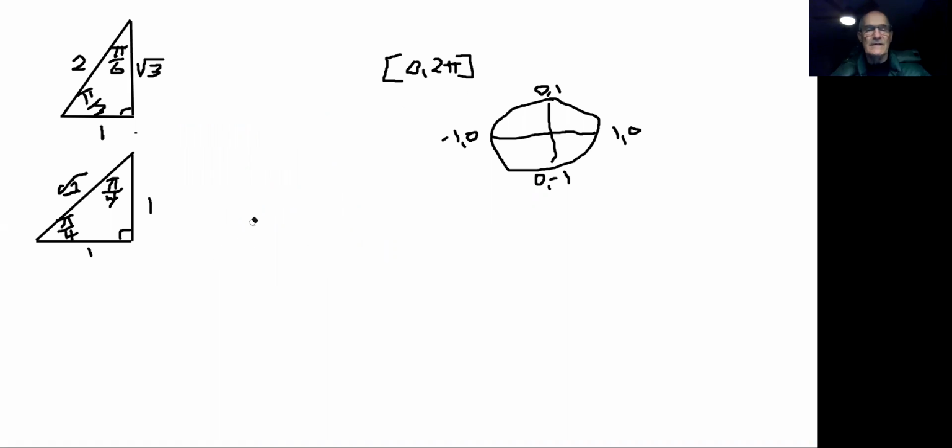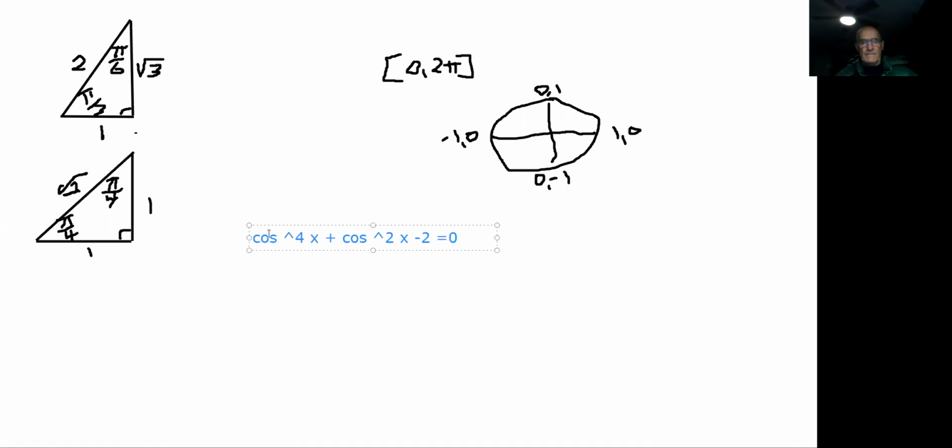So here's my next equation. If I come in here and say, okay, I have cosine to the 4th power x plus cosine to the 2nd power x minus 2 equals 0.